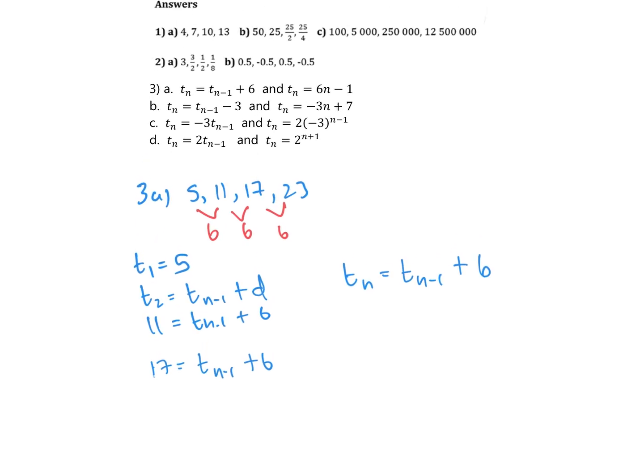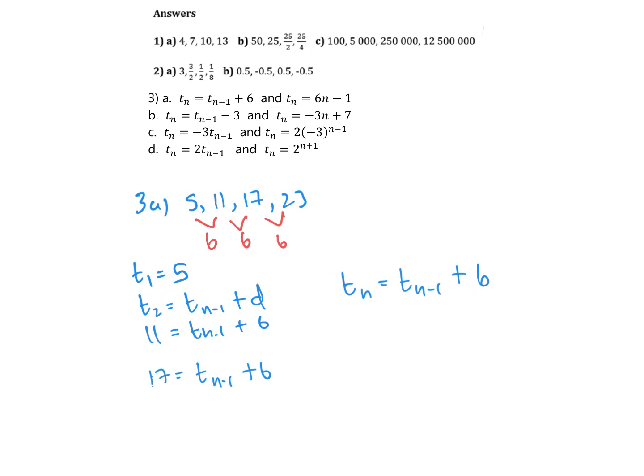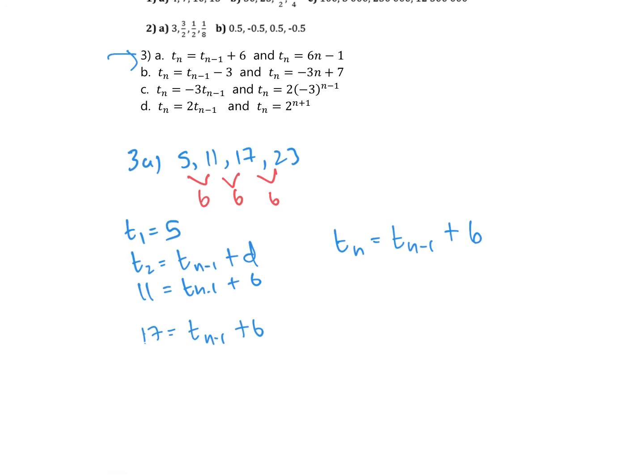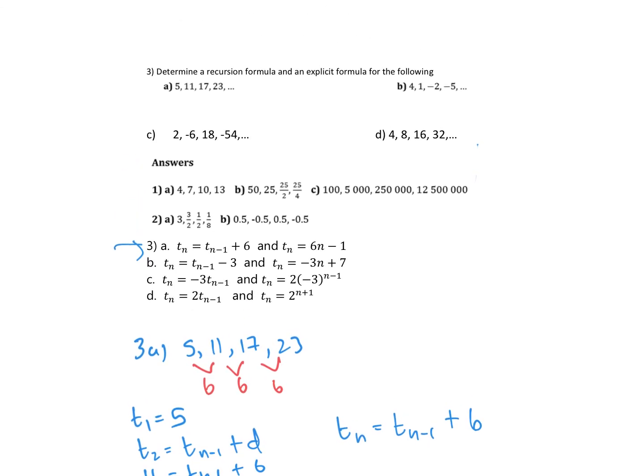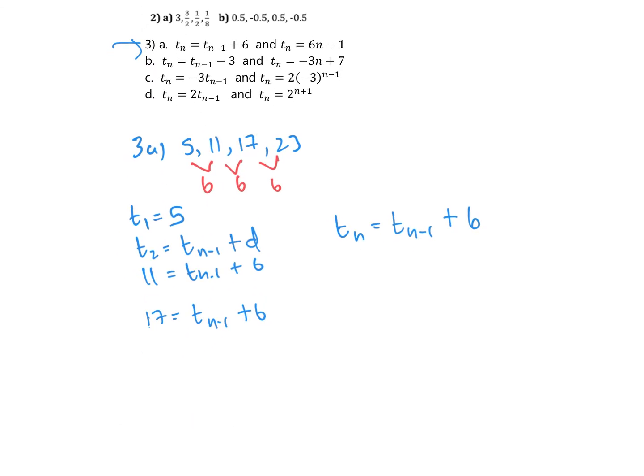You'll see the answers here. 3a, the term in the sequence is t sub n minus 1 plus a common difference of 6. This is the recursion formula. The second thing it wants me to find is the explicit formula, which will be similar to what we did with the arithmetic sequence: t sub n equals a plus n minus 1 times d.